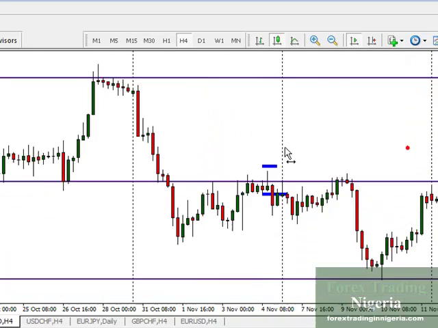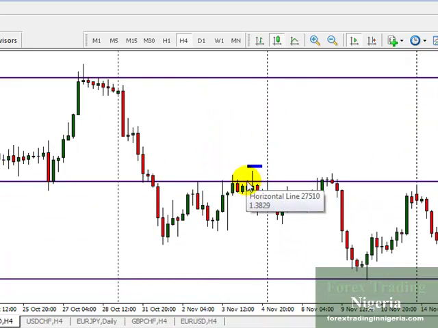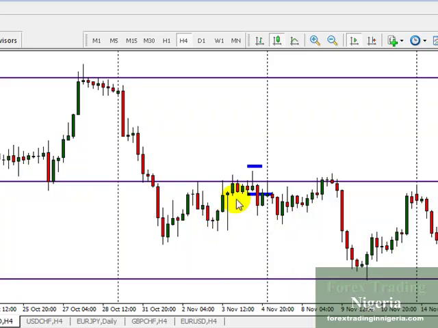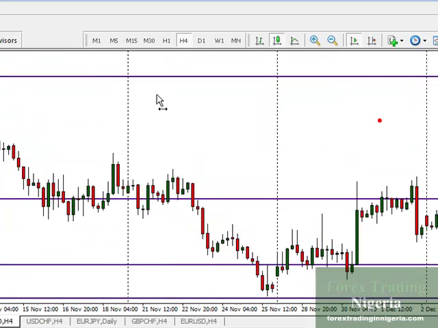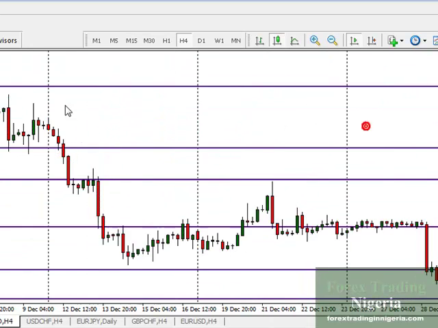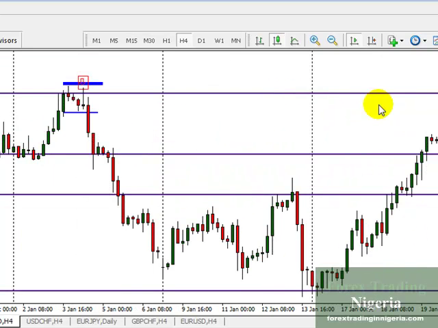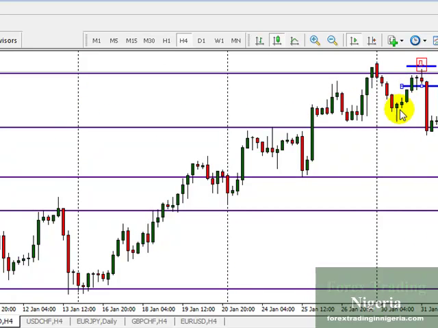This is the swing high of this spot. Look at the swing started from here. Look at the swing high here. This is the swing high of this spot. And this is the swing high of this recent swing here.